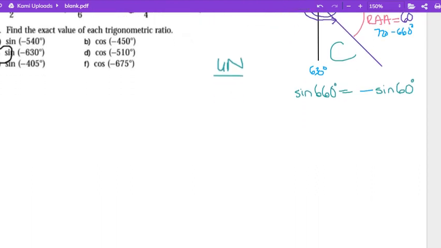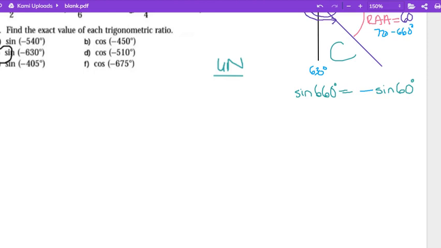So do you see this equation I wrote here? You cannot just say sine 60 equals blah, blah, blah. That would be incorrect because you're being asked to solve for the sine of 660 degrees. So I'm relating it to the RAA. I'm saying, hey, it's the same as sine 60, but it will be negative.